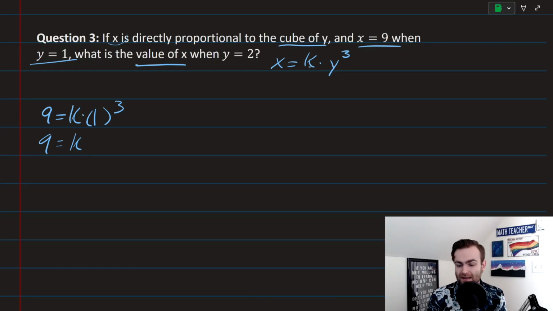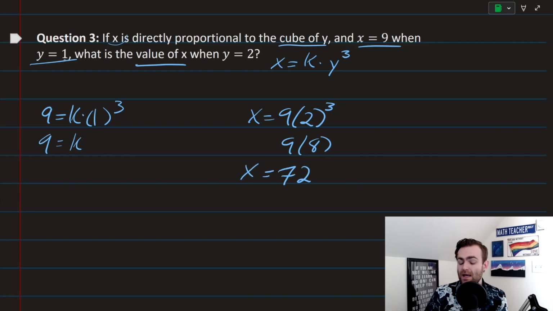So using k of 9 and y of 2, x is equal to 9 times 2 cubed. 2 cubed is 8, so this is 9 times 8, which is 72. So the x would be 72. And as you can see, the y grew, the x grew, directly proportional. That makes sense. It grew by a lot, but do keep in mind that we were talking about the cube of y, which is going to make the relationship a little bit more drastic than it was before.